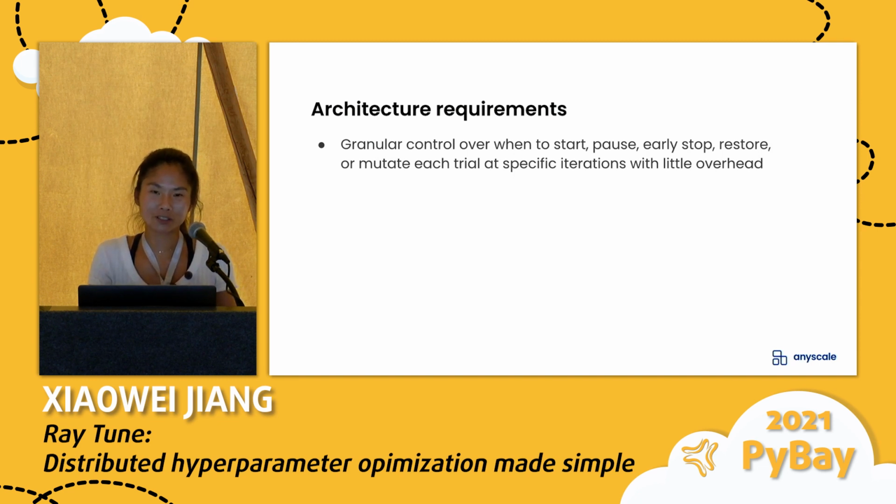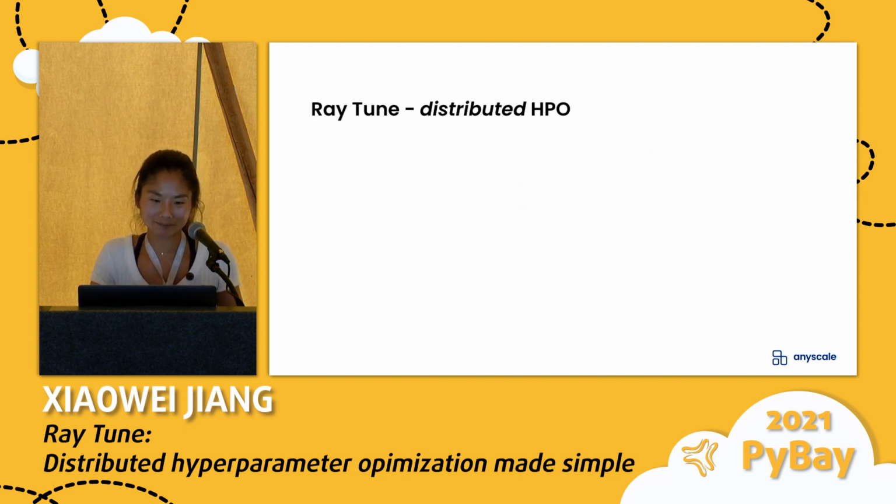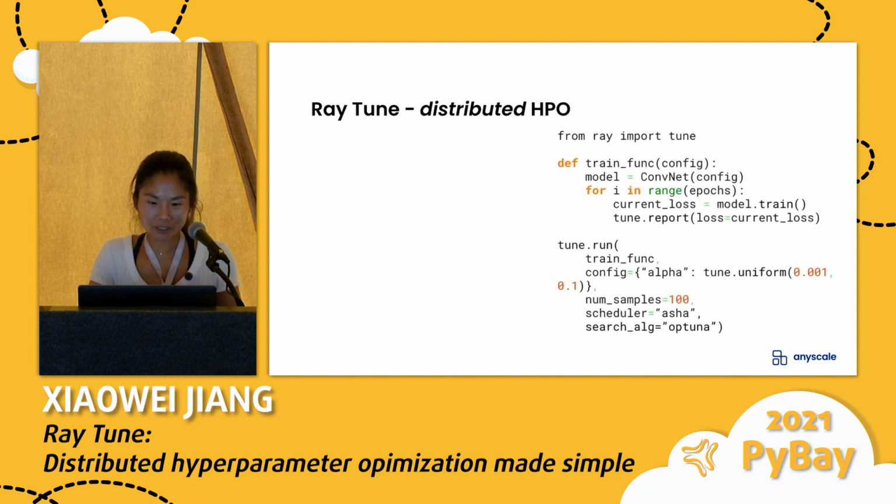One thing we notice is all these algorithms require granular control over when to start, pause, early stop, restore, or even mutate a trial at specific iterations with very little overhead. They also require a master-worker sort of architecture that centralizes the decision-making process. And of course, as with any distributed system, we want elasticity and fault tolerance. So RayTune is such a system for distributed HPO.